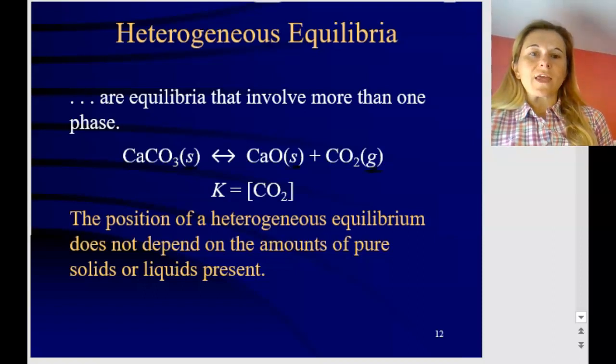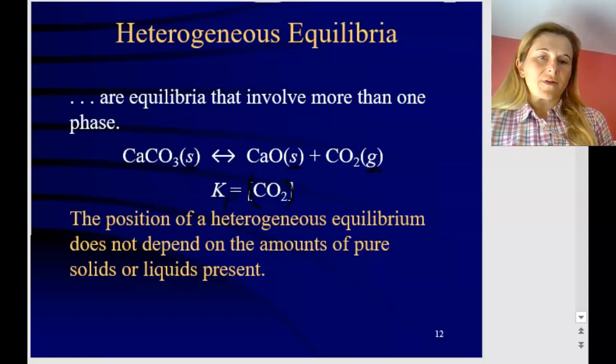So the only thing that we can use to figure out our Kp here is, those should not be brackets. That should be parentheses because it's a gas. So it should just be the pressure. The Kp would be the pressure of the carbon dioxide gas.